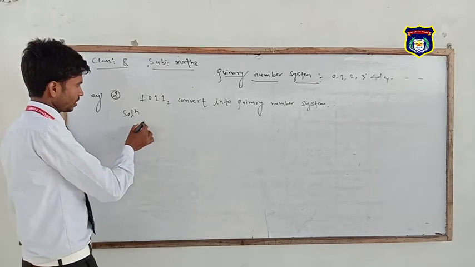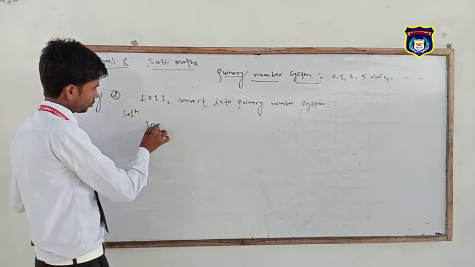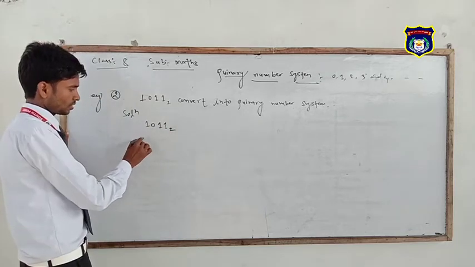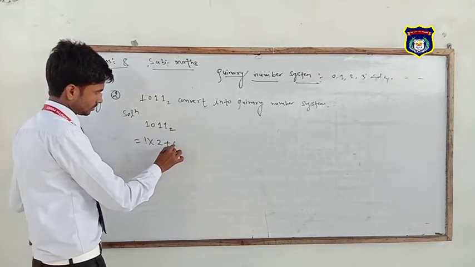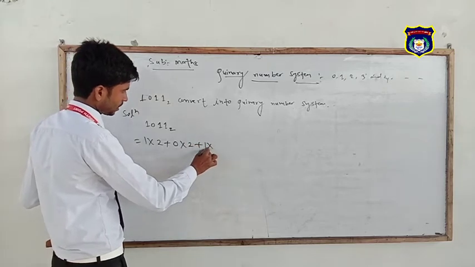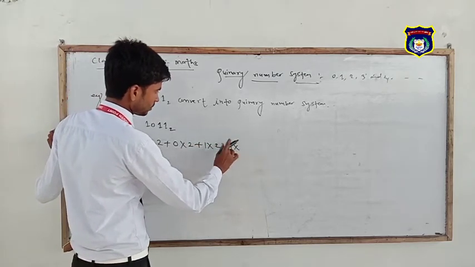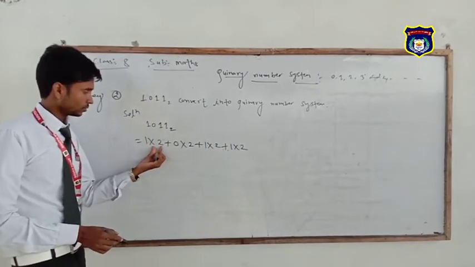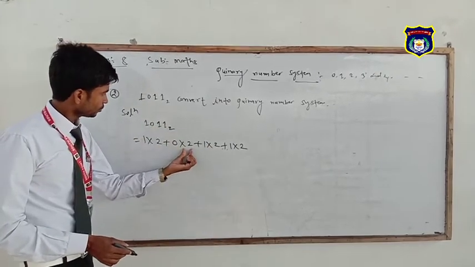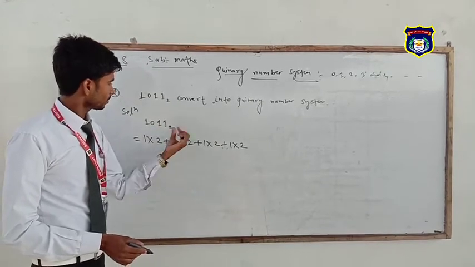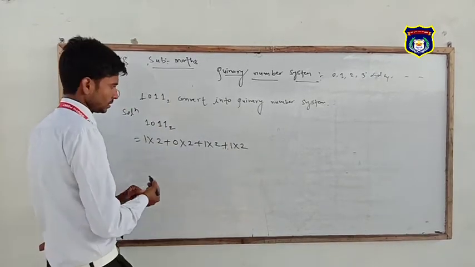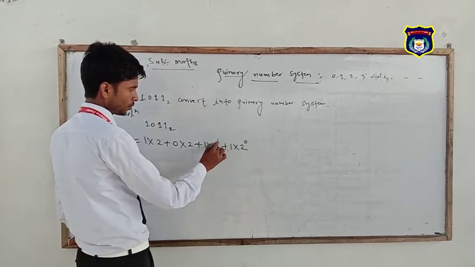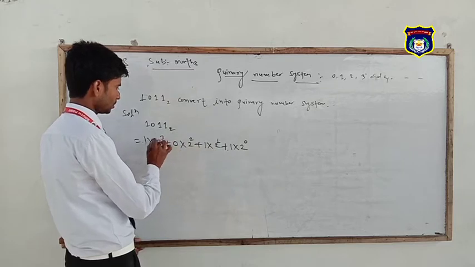Solution: 1011. Now this is a binary system. Its base is 2, so each digit is multiplied by 2. Same process, the power increases to the left from the right: 0, 1, 2, 3.